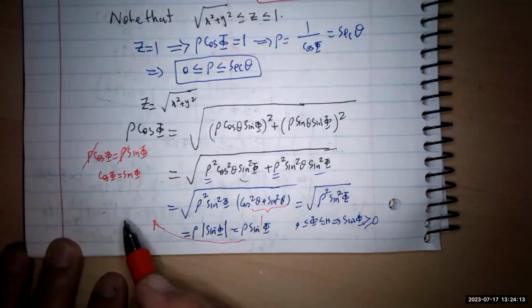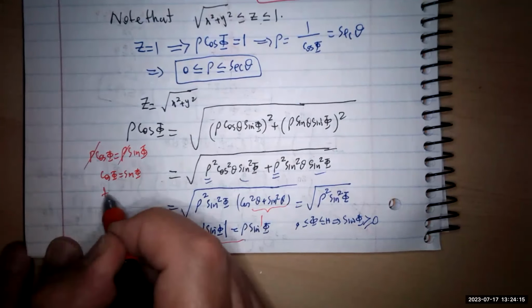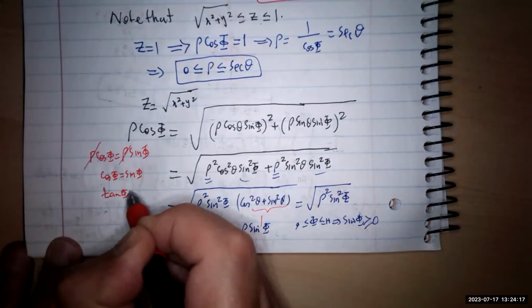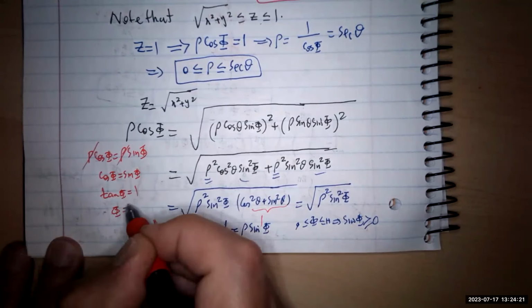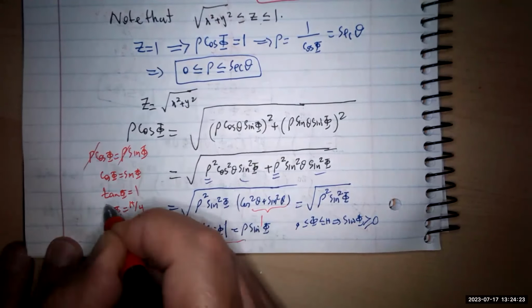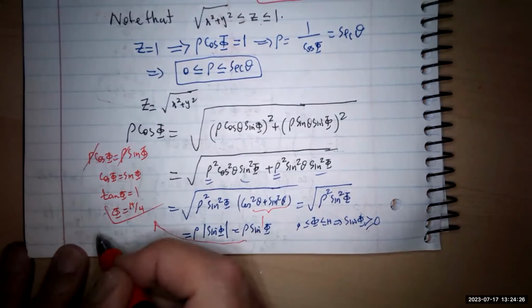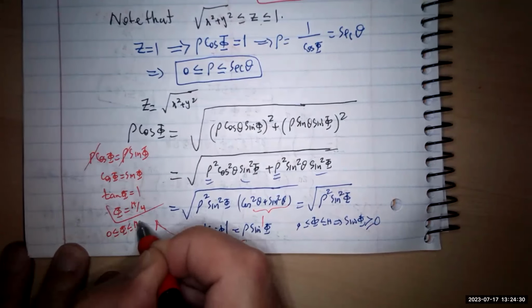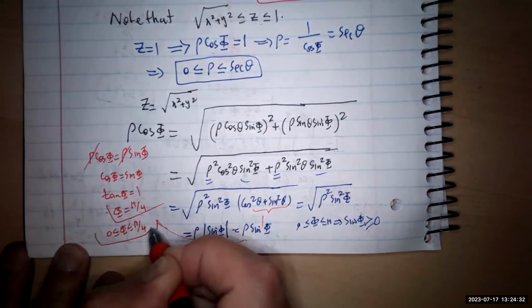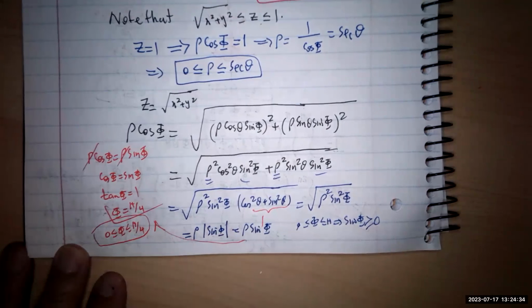You can divide to get the tangent of phi equal to 1, and this means phi is equal to pi over 4. So for this problem, your phi is going to be between 0 and pi over 4. That's it. That makes it different.